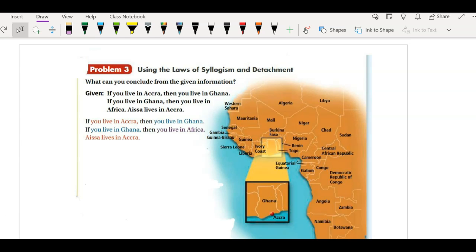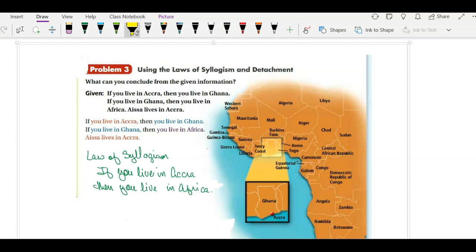So on this example, we're going to use the law of syllogism and the law of detachment. So they want to know what we can conclude from the given information. If you live in Accra, then you live in Ghana. If you live in Ghana, then you live in Africa. Aisa lives in Accra. So what can we conclude? So with the law of syllogism, we can conclude if you live in Accra, then you live in Africa.